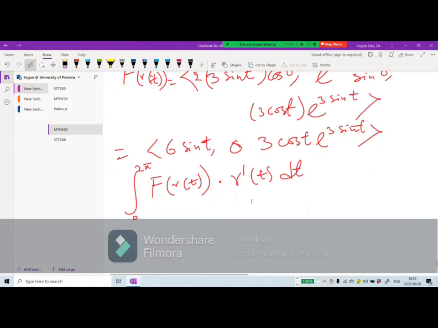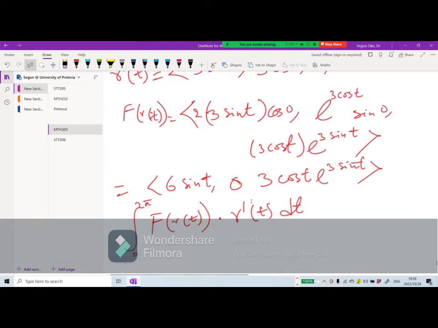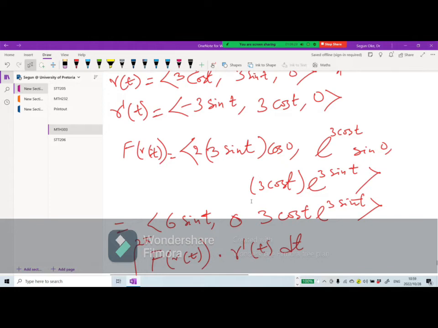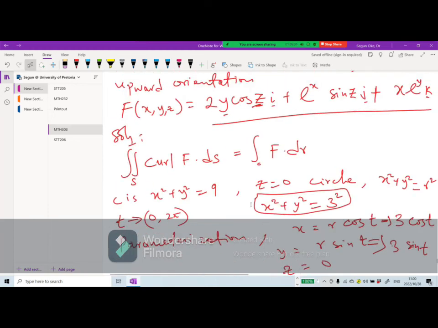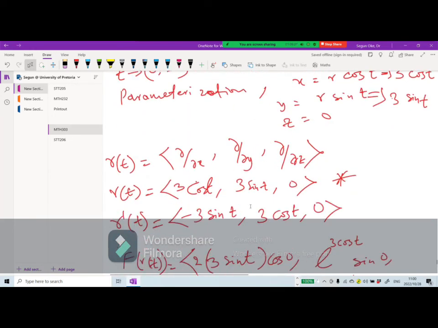Sir, when we are inputting that value of x and y, we do not put a plus there? We did not put plus 2y cos i plus e to the x sine z j.